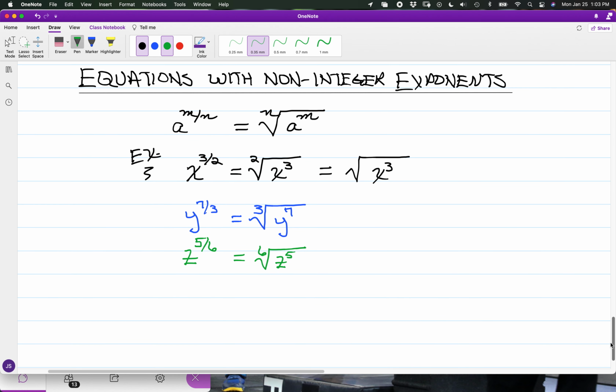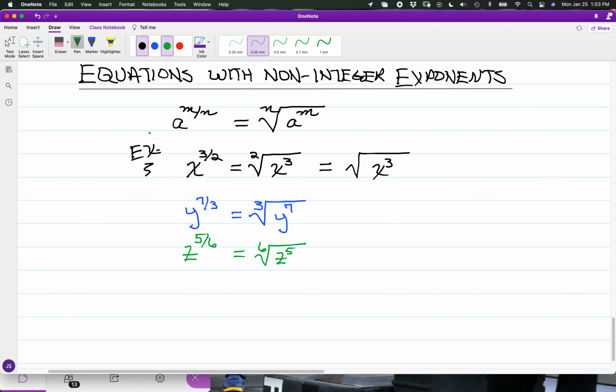Now, on with equations with non-integer exponents. Let's say we are looking at solving for x, and just to kick things off, x raised to the 1/2 power is equal to 8.